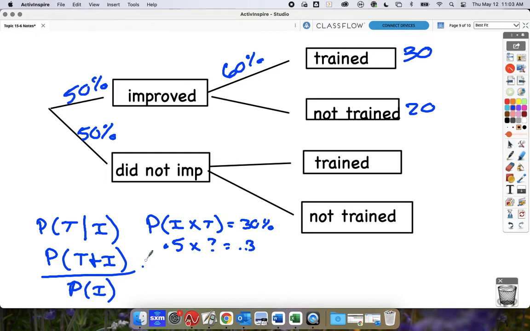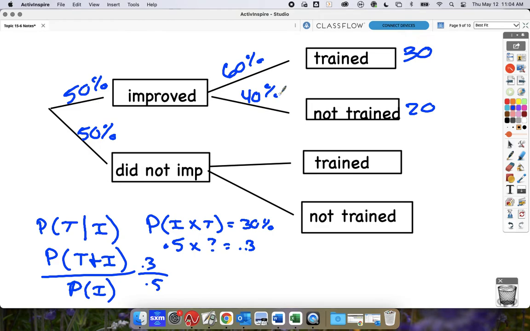Training and improving is 30%, improving is 50%. That's how you get that 60%. Because A times B is 30 and A over B is 30 over 50. So look, if 60% trained, how many did not train? 40. That is 100% of people that improved.